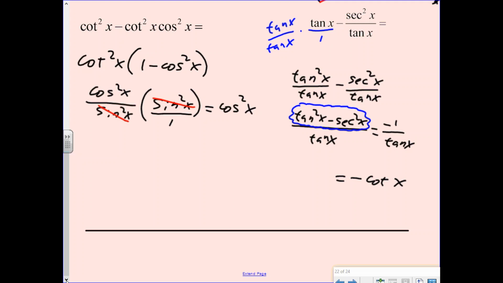There's another way you can do it too. If you start off by writing everything in the original one just with sines and cosines, and then go on from there, that'll also give you negative cotangent x, but there are a few extra steps there. Extra steps are not bad. As long as you're following the rules and using identities, you're always going to get the same answer.